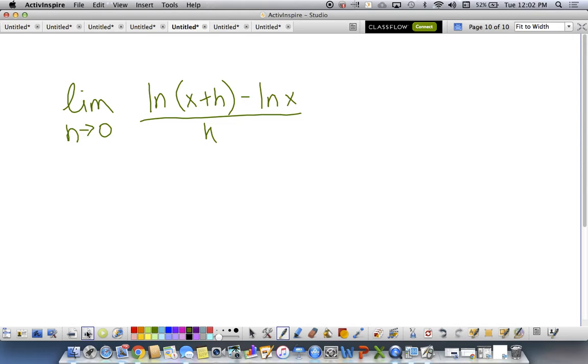What is your f of x? Natural log. And the derivative of natural log x? What is f prime of x? It's 1 over x.